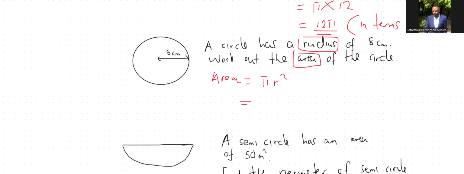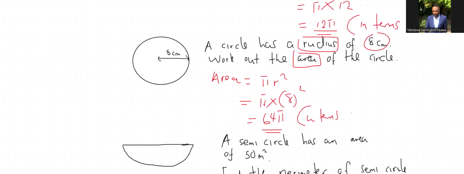Now I'm going to sub in pi times, what is our radius? In this case, our radius is 8. So times 8 squared. Okay, and then which is going to give me 64 pi. In this case, we're going to leave our answer in terms of pi.